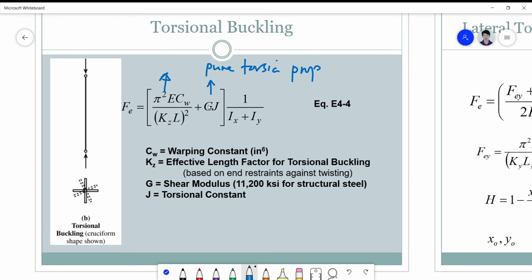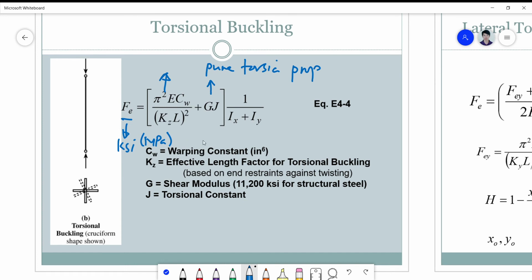Okay, so it's a kip inch square. Kip inch square, so you have to multiply it by inch to the fourth or divide it by inch to the fourth to make your Fe in terms of a unit of stress, which is KSI or megapascal. So that's the unit analysis there.